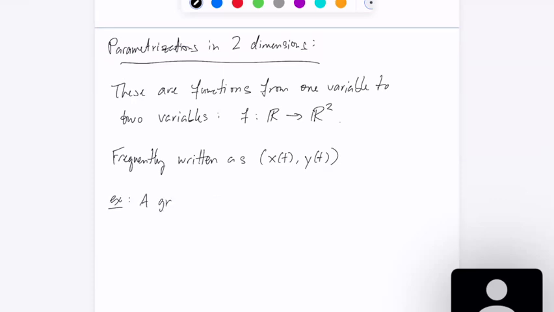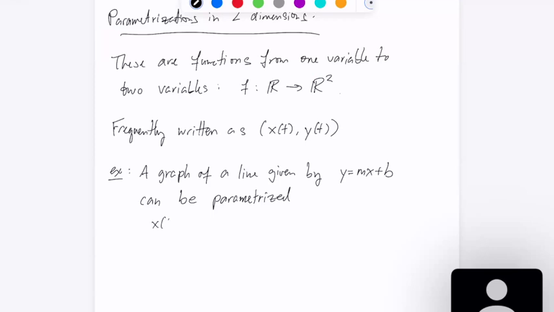A graph of a line given by y equals mx plus b can be parametrized by x of t equals t, and y of t equals mt plus b, where t ranges from minus infinity to plus infinity.